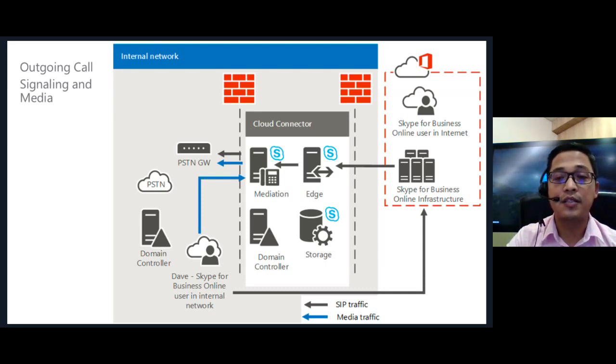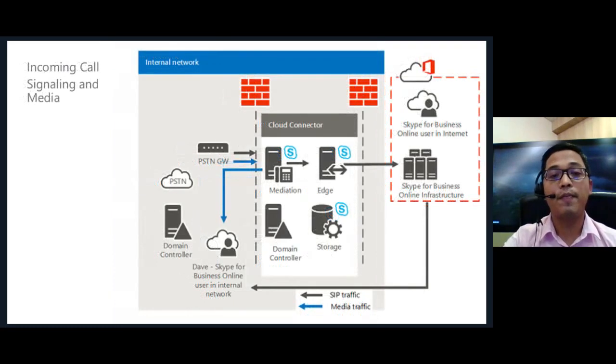Skype for Business Online will do the reverse number lookup and then fail, because the number he's calling is not in the Skype for Business environment. So Skype for Business Online will relay the message to the H server. The H server will receive it and pass it to the mediation server. The mediation server will process the call and then talk to the PSTN gateway, and then the users are connected. Once the call is engaged, the user will no longer talk all the way to Skype for Business Online. The user will talk between the user, mediation server, and gateway. Okay, this is for the outgoing call.